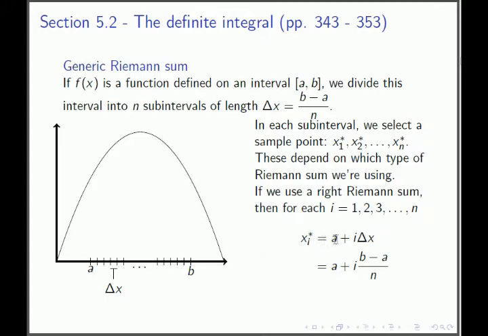If I let i equal 1, then that's a plus delta x. And the last one, x sub n star, should be the right endpoint of this last subinterval, which is b. So if I plug in n for i, then I notice with this second formula that i equals n would cancel with this n, and I'd be left with a plus b minus a, which is equal to b. So that is correct.